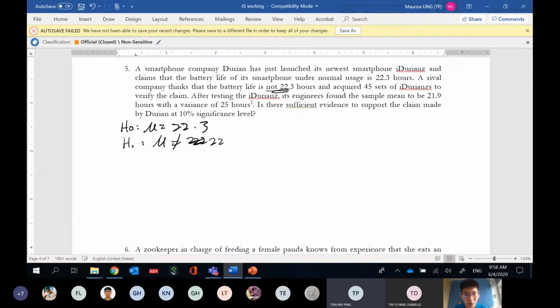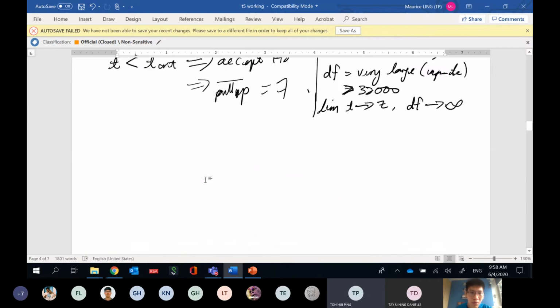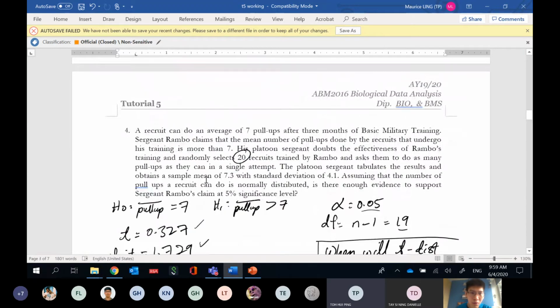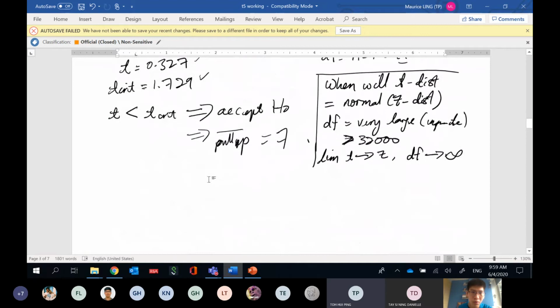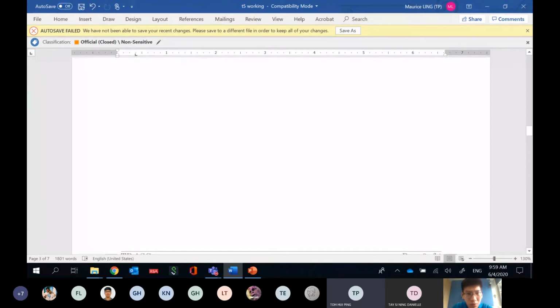Actually, I'm a bit confused because based on the lecture slides, when they say the standard deviation is given, we use Z test, right? Yeah. But the previous question, the standard deviation is given, no? You mean question number 4? Yeah. Okay. So there are actually 2 considerations. You use Z test only when 2 conditions are met.